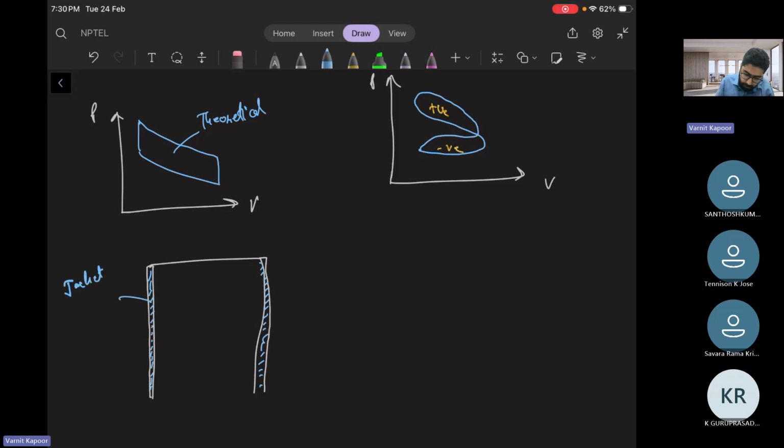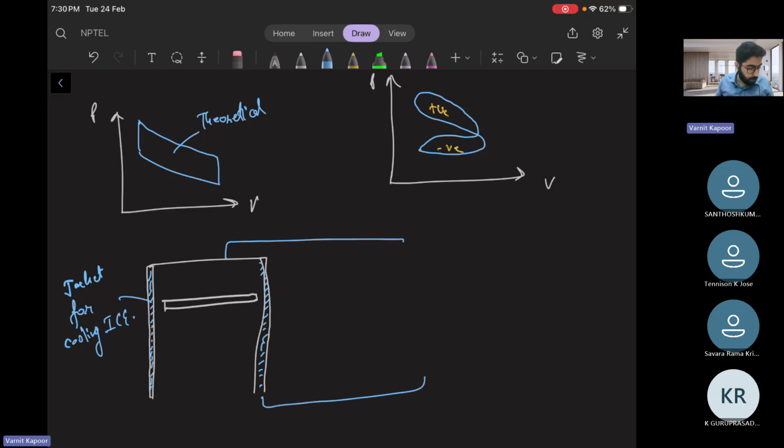Jacket for cooling ICE engines. There is a piston somewhere if you see here, and these water jackets are connected through a radiator in front of the car.